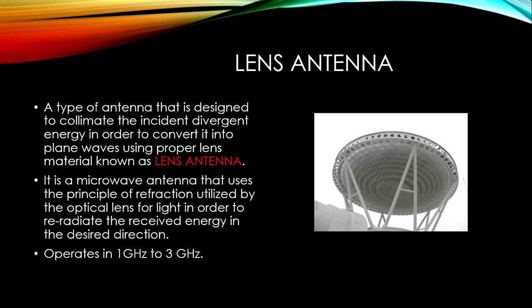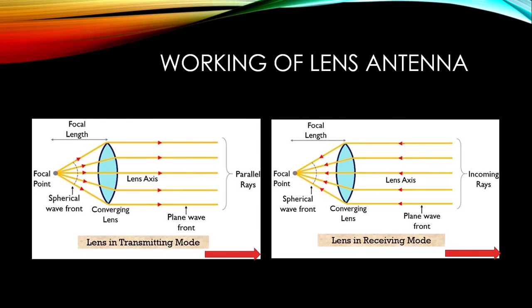A lens uses the principle of the converging lens in order to collimate the energy that is incident on it. We are familiar with how a simple optical lens performs the collimating action.